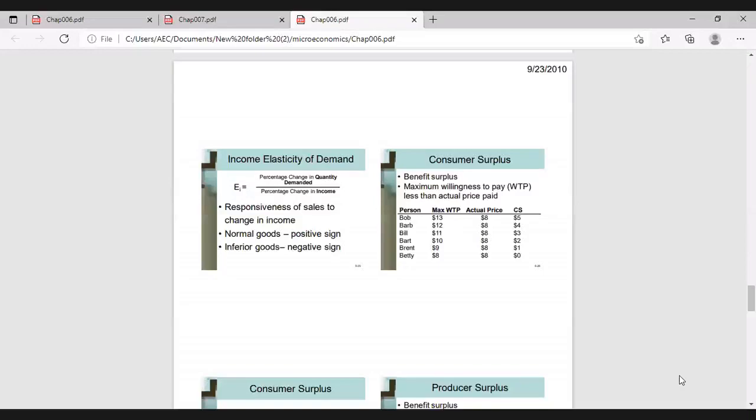So then if your income increases, earlier when you are poor you will buy used clothes. When you get a job with a good salary, then you will not go to the used cloth store.